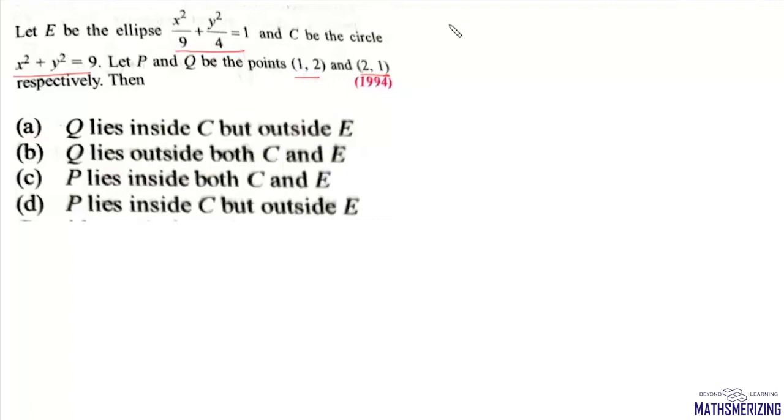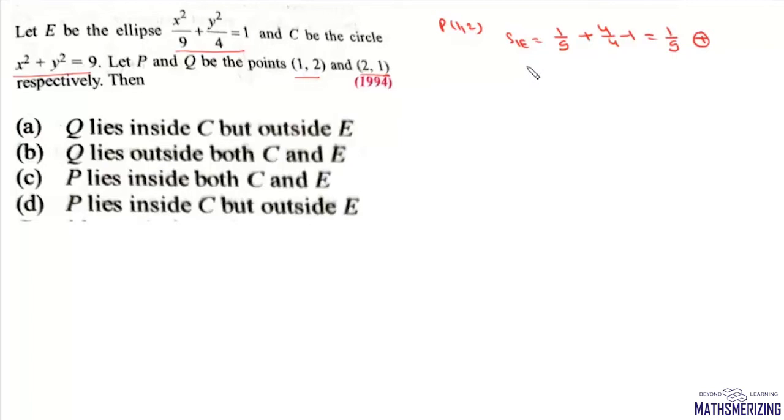So first for this point P, which is (1, 2), we'll find S1 for this ellipse. So S1 for this ellipse will be 1 upon 9 plus 4 upon 4 minus 1. So it is 1 upon 9. So this value is positive.